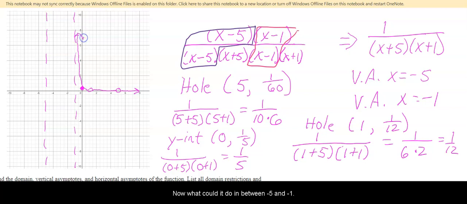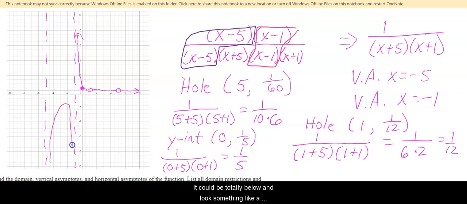Now, what could it do in between -5 and -1? It doesn't have a whole lot of choice. Let's show some options. It could be totally below and look something like a parabola. That's one possibility. It could also do a similar thing, but be above the axis.